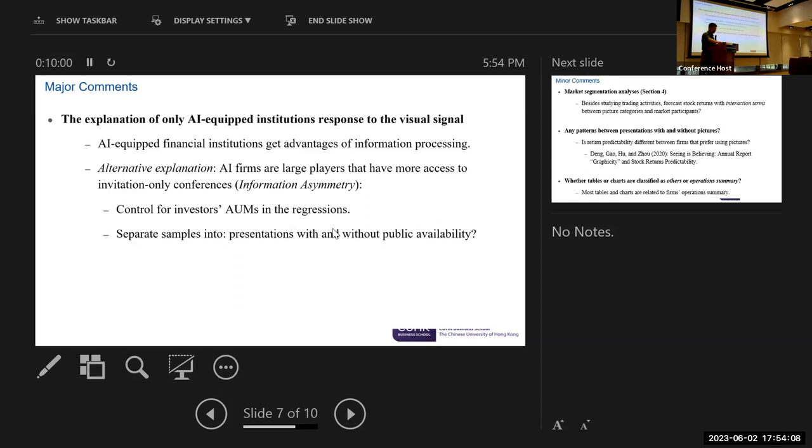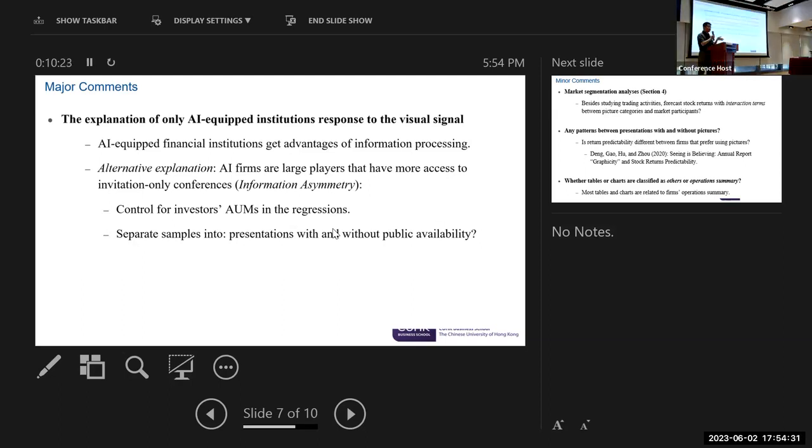I know that you collected some from Bloomberg. I think that's actually a good identification, because retail investors mostly don't use Bloomberg. So you can separate the samples of those slides that you collected from Bloomberg and those from company websites, because I know that most companies post their presentation slides on their website so that everybody can access them.